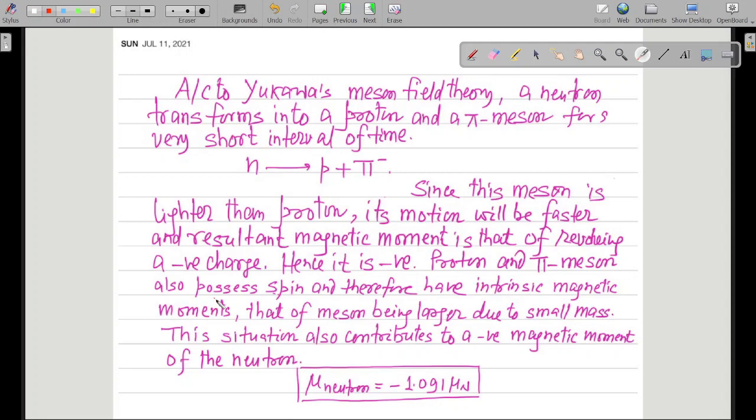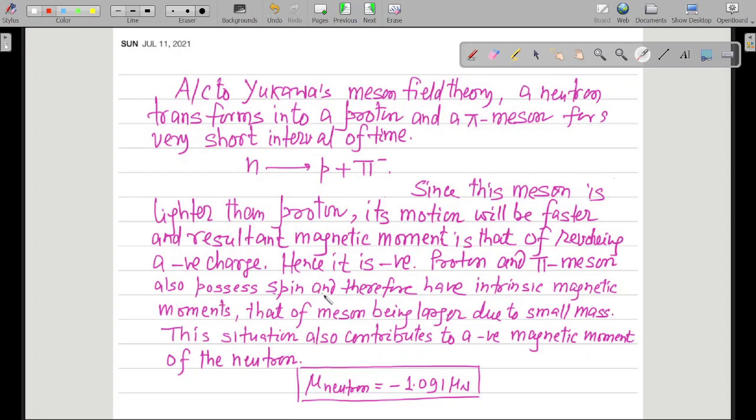Intrinsic magnetic moment means magnetic moment on account of spin about their own axis.